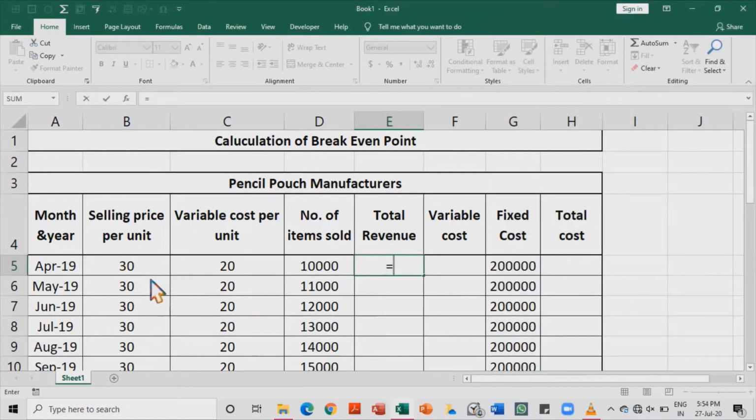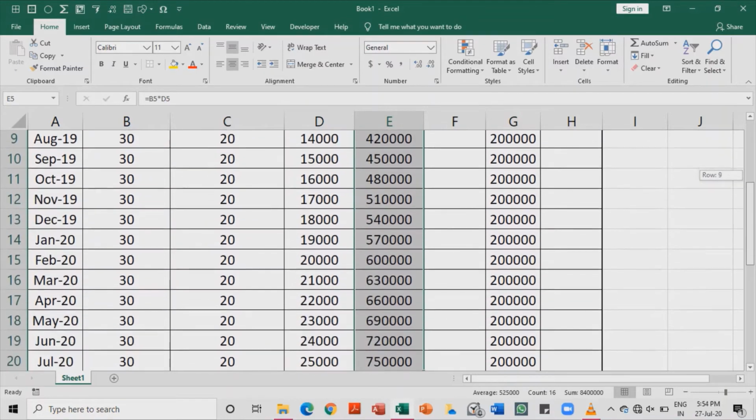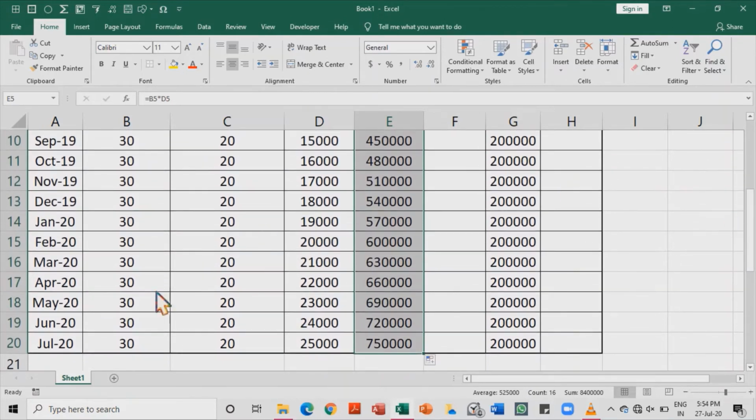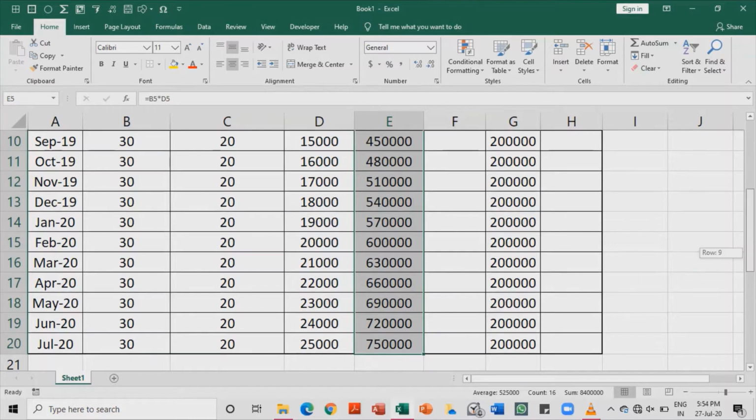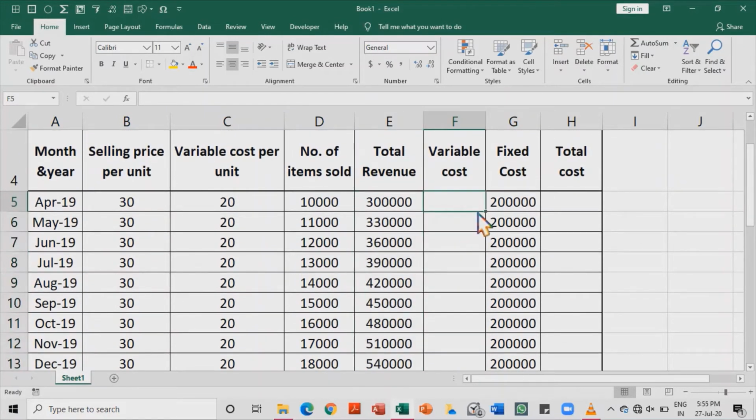Let's calculate total revenue. That is equal to selling price per unit, 30, into number of items sold, 10,000. So we get 3 lakh. What is the concept behind it? When a company sells one pencil pouch, it gets 30, and when it sells 10,000 pencil pouches, it gets 3 lakh. That's a simple concept, and the data is till July 2020. We drag it, and we can do the same thing for variable cost too.